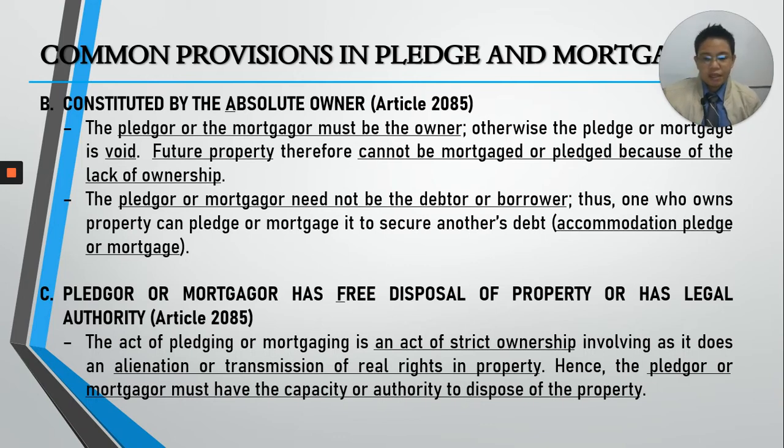So, remember, kailangan ang pledger or mortgagor has the capacity to dispose of the property, meaning sila yung may-ari. So, pwede nilang i-dispose. Kasi nga naman, isa nga namang element sa ownership is yung right to dispose of the property. Also, kung hindi naman sa kanila, like in the case of an agent, the agent must have the authority to make a disposition of the property.